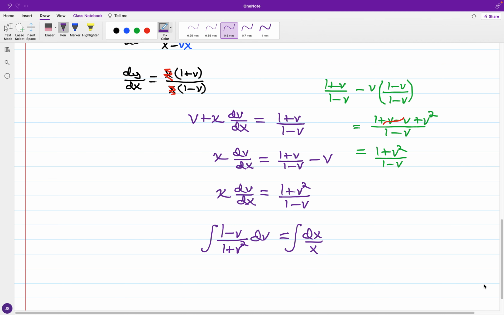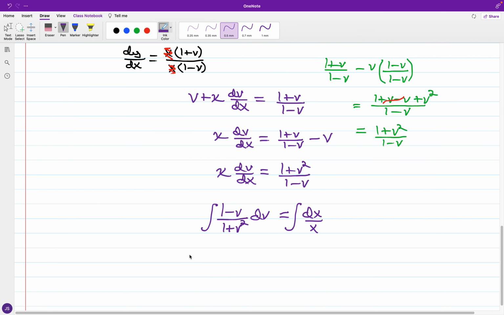and integrating, so we have the integral of 1 over 1 plus v squared dv minus the integral of v all over 1 plus v squared is equal to the natural logarithm of x followed by the constant.